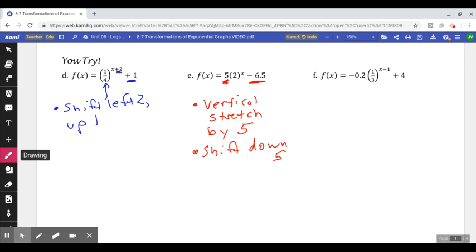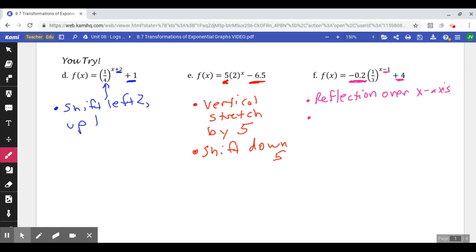And then our last one here, part F, we have a negative 0.2. We have a minus 1 by the x and a plus 4. So this is going to incorporate a lot of what we've just been talking about. So first of all, there's a reflection over the x-axis. That's what the negative sign does.